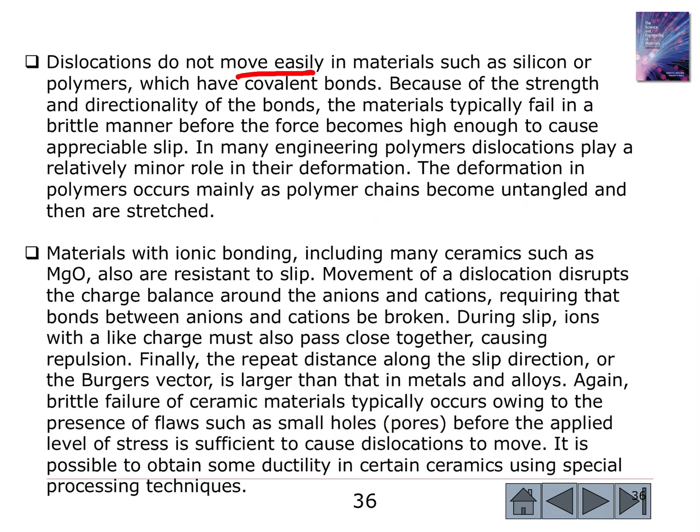Dislocations do not move easily in materials such as silicon or polymers which have covalent bonds. Why? Because covalent bonds are directional bonds. The material typically fails in a brittle manner before the force becomes high enough to cause appreciable slip. If you remember, in metals there is an electron sea which binds the atoms of the element together.